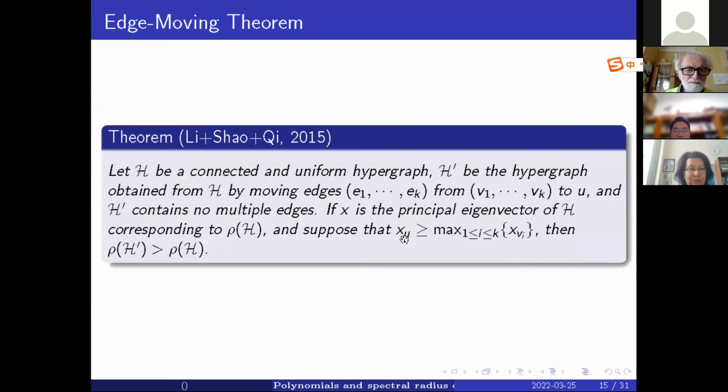If x is a principal eigenvector of H corresponding to the spectral radius of H, and suppose that x_U is greater than or equal to the maximum, x_U is the maximum among these components, then the spectral radius of H prime is strictly larger than the spectral radius of H.